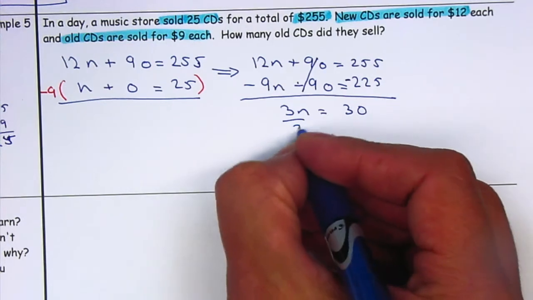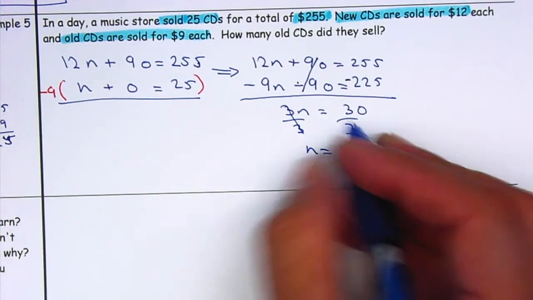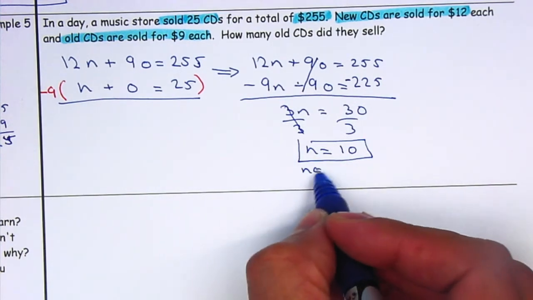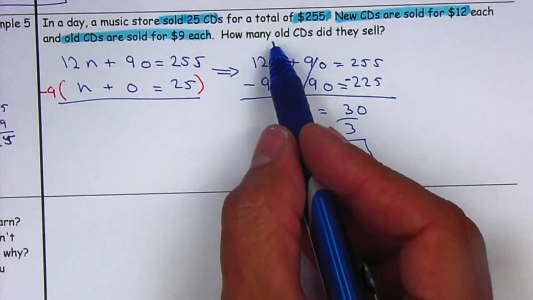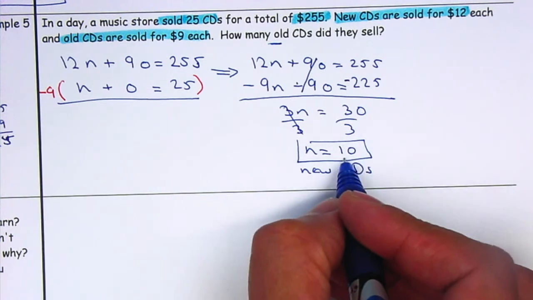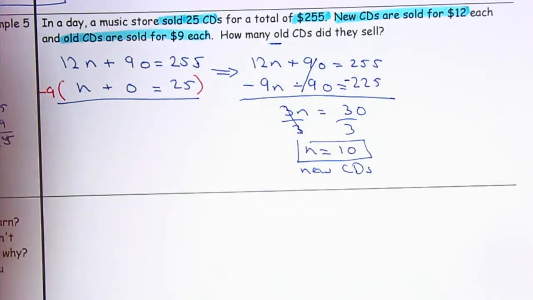I'm going to divide by 3. So n is equal to 10. Now n stands for new CDs. It's asking me for how many old CDs. So we need to solve for o. We need to plug this into either one of those equations, and I'm going to plug it into the second one.